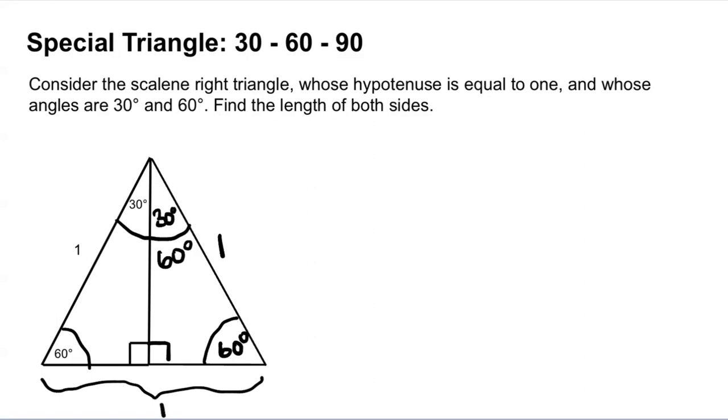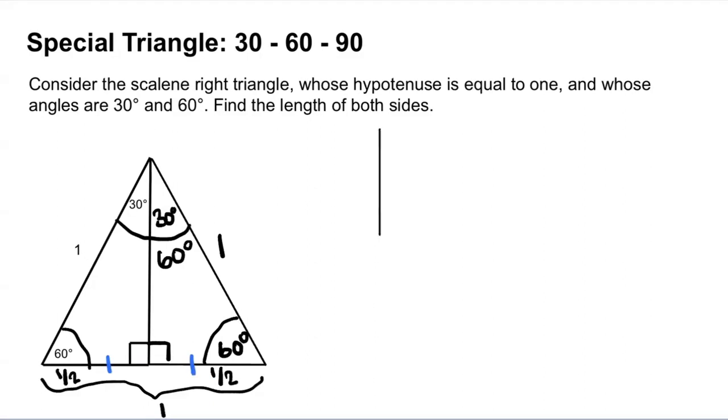And this line right here cuts these two triangles in half, which means that these two sides that I just marked with little lines are equal. So we're just going to do 1 divided by 2, which is 1/2. And so this side length is going to be 1/2, and this is also going to be 1/2.